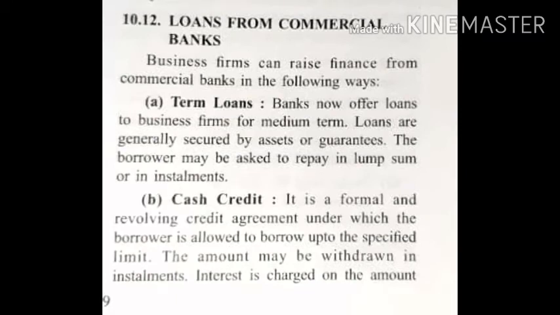Various types of loans from commercial banks. First is term loans. Banks now offer loans to business firms for medium term. Loans are generally secured by assets or guarantees. The borrower may be asked to repay in lump sum or in installments. Next type of loan is cash credit.